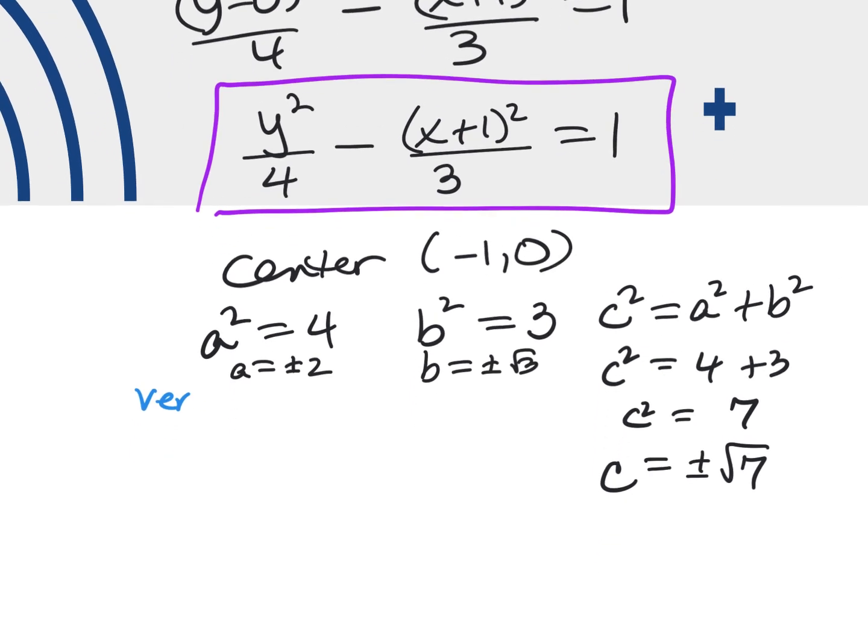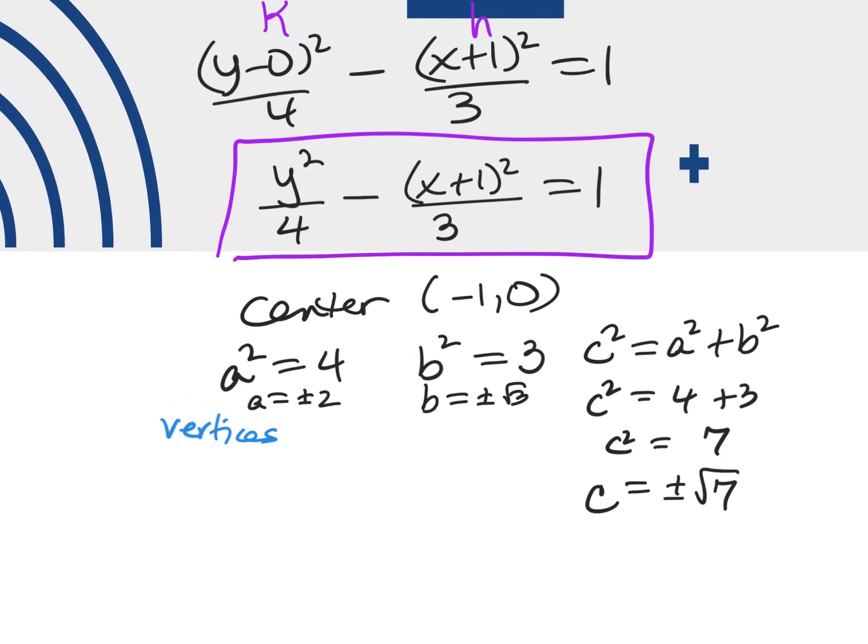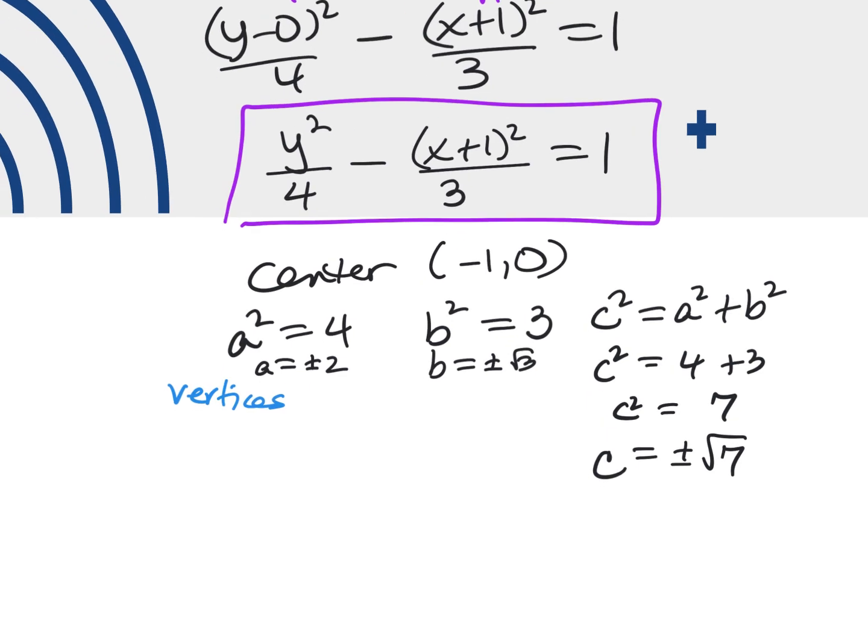So for the vertices, we need to go ahead and add the a value, and we're going to add that to the y because that's the variable we saw first. That's the axis that our graph is going to traverse. So for the vertices, I'm doing h, comma k, plus and minus a.